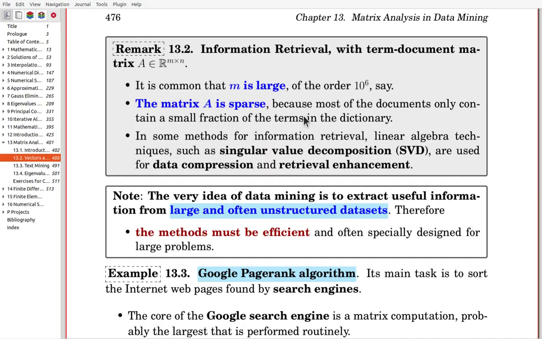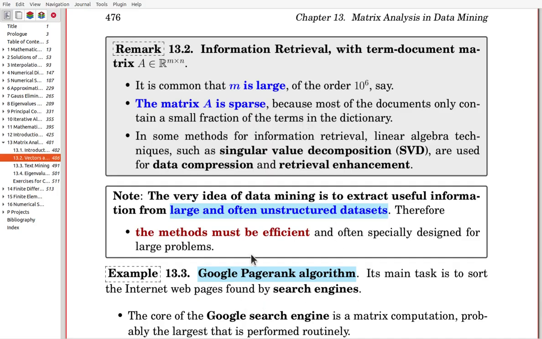In some methods for information retrieval, linear algebra techniques such as singular value decomposition are used for data compression and retrieval enhancement. In the next section we'll see one example using the singular value decomposition.